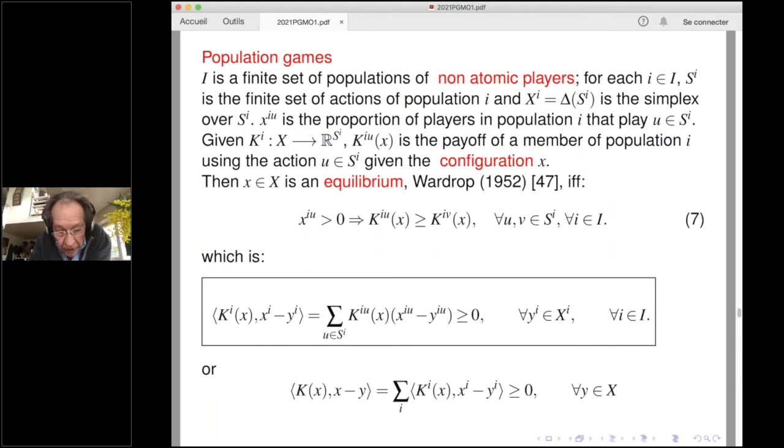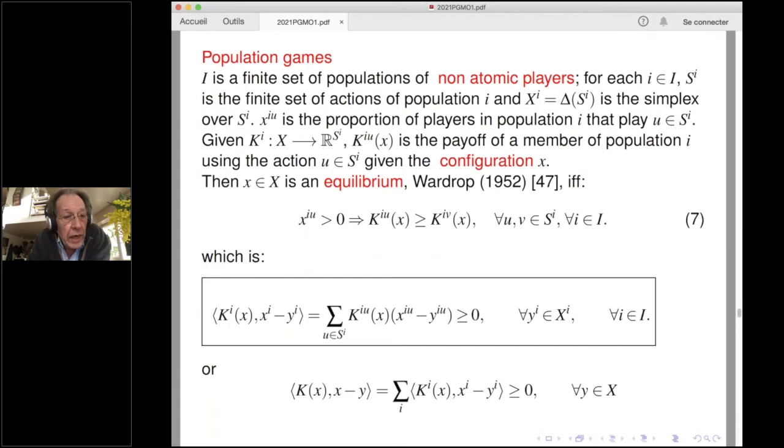Now the interpretation of a point in a simplex is not a mixed strategy, it is the proportion of players in population i that play a given move. So X^i_u is the proportion of players in the population i that use the move u. And you have finitely many populations.